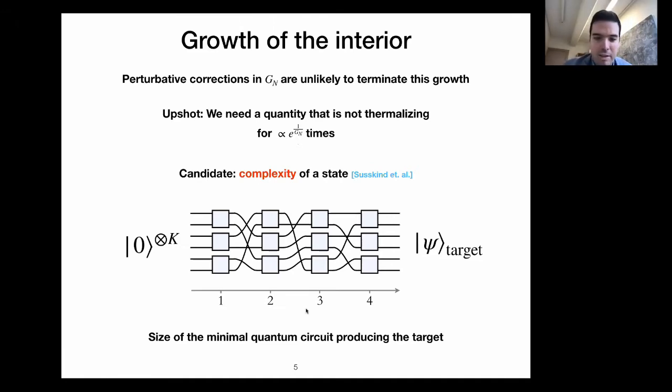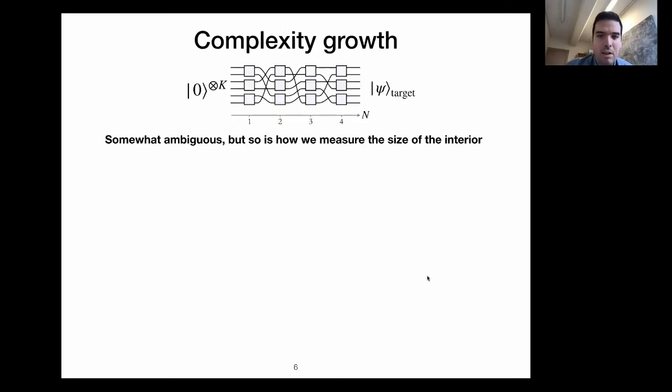This is your task, and you can only apply, let's say, two-qubit gates. And the question is, how many steps are minimally required to do this? This is a very discrete problem, but in this way of explaining, quantum complexity would be the size of this minimal quantum circuit. That would be, let's say, the complexity of this target state.